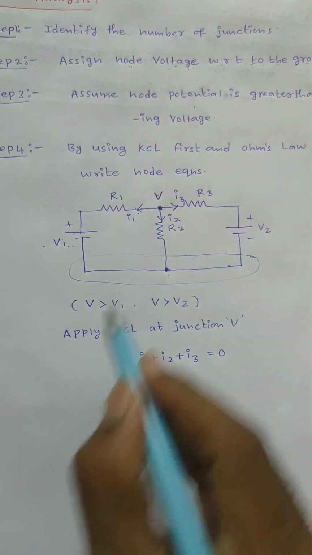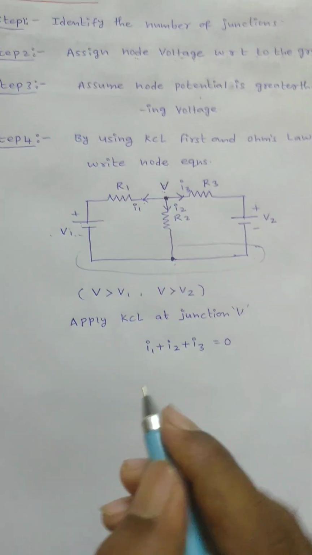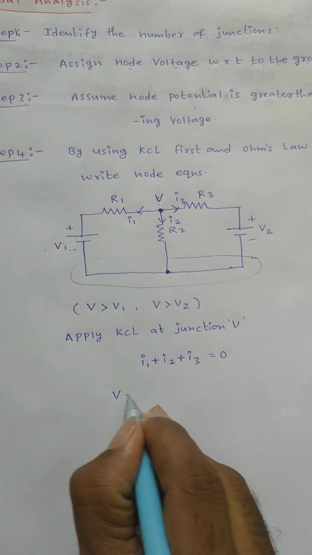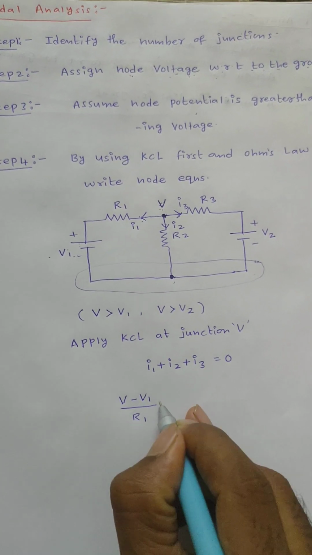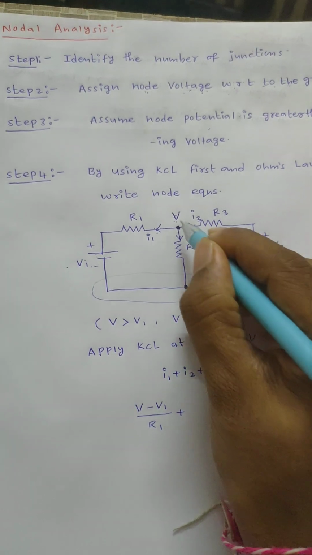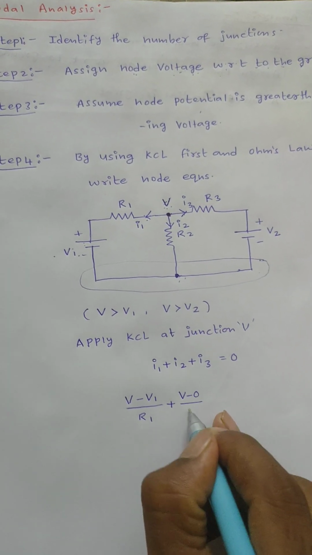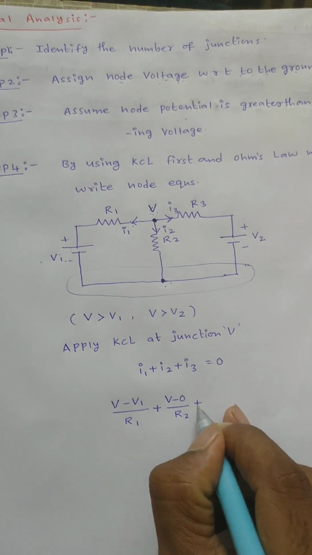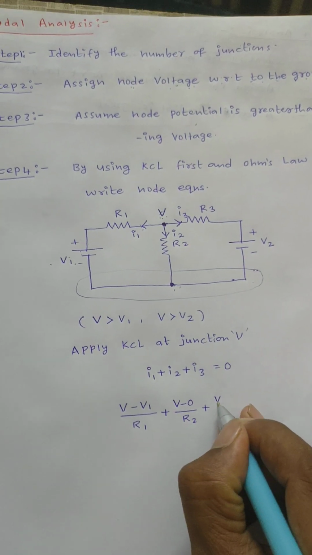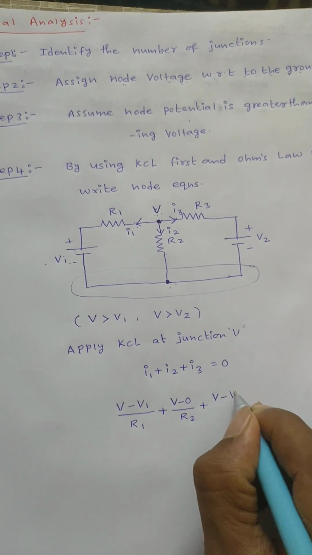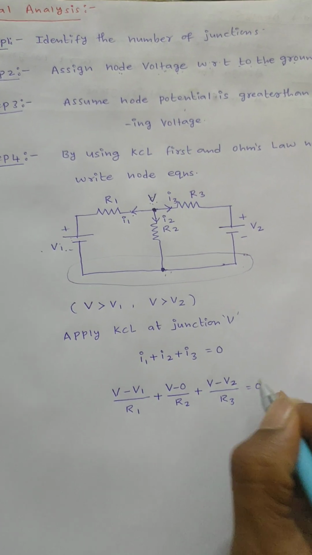Here I1 equals the potential difference in this branch, V minus V1 by R1, plus I2, which is V minus ground potential 0 by R2, plus I3, which is V minus V2 by R3, equals 0.